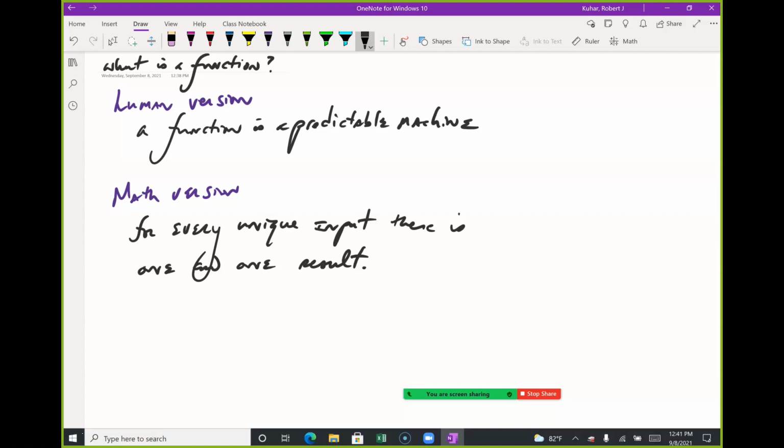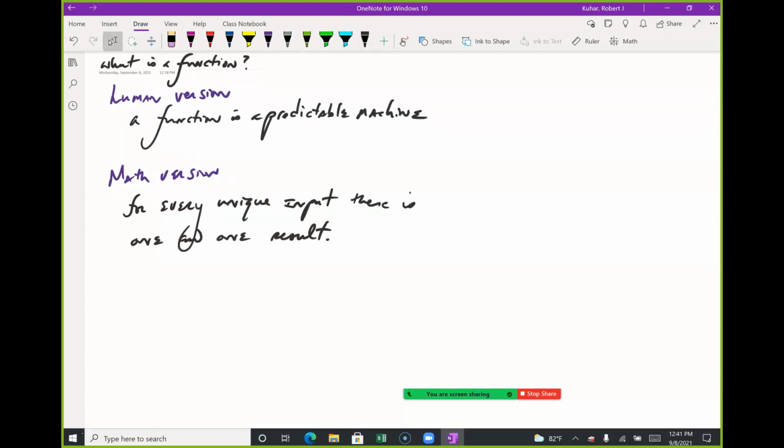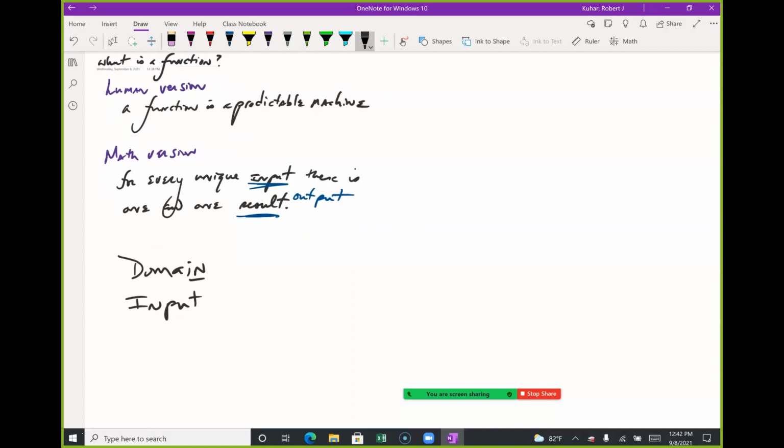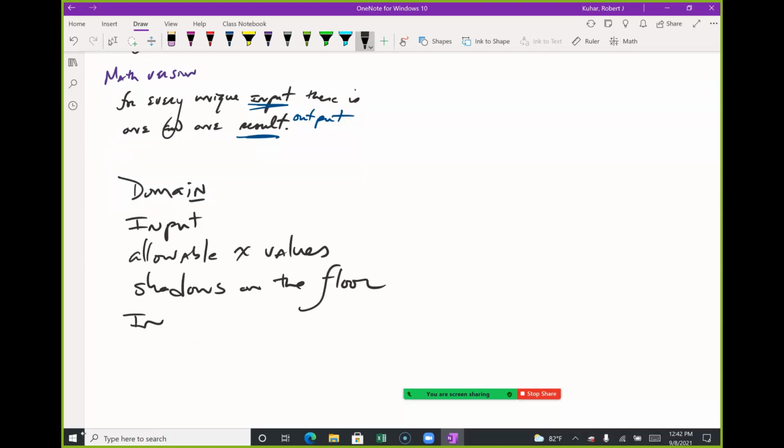So we have to talk about a couple of things here. We have to talk about input and we have to talk about output, right? And so our input is coming from this word domain. And so we're talking about input, and we're talking about here allowable x values. Shadows on the floor. Independent variable.